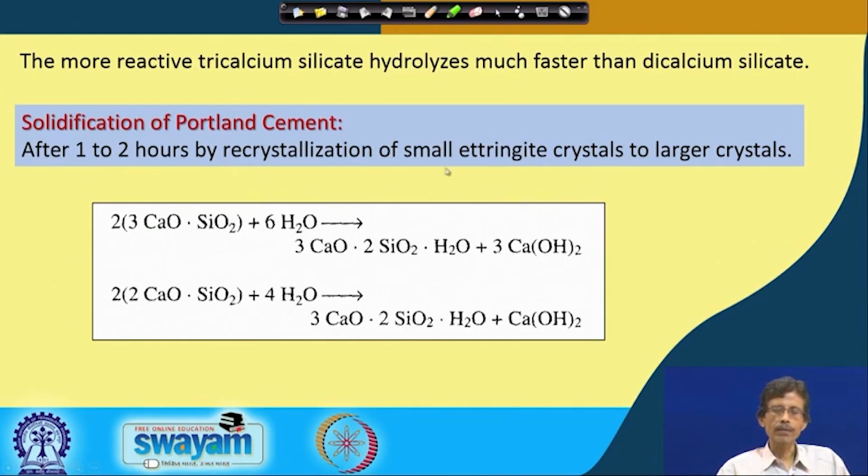So, you see that the type of ettringite crystal formation from these two components will be completely different. That means the growth of these crystals will also be different. So, if you allow more and more time, and you find that the strength of the concrete or the corresponding structure is different, you will also consider mixing the tricalcium with the dicalcium. So, there must be some balance between these two components while you make the cement material.